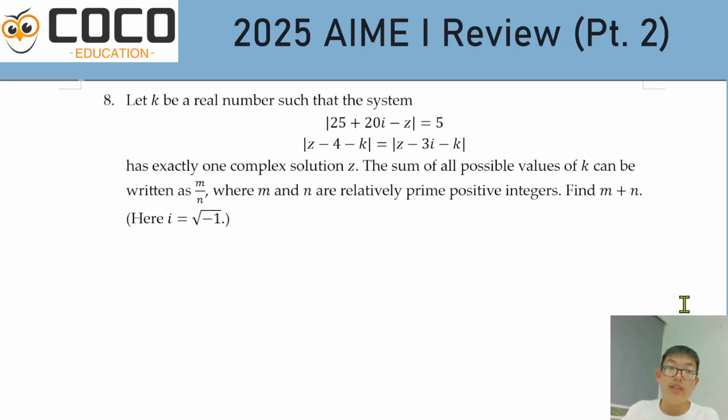Question 8 is a complex number question. So this is another reason why AIME is a useful practice for our SMO Open round 1, because it does have some of these kinds of questions. It's hard to find Olympiad questions on complex numbers, Olympiad questions on vectors, Olympiad questions on 3D geometry.